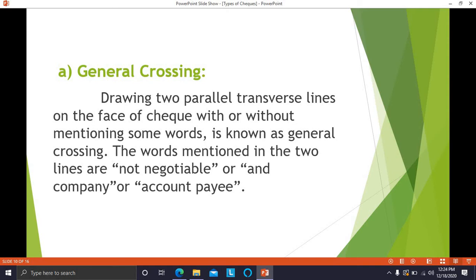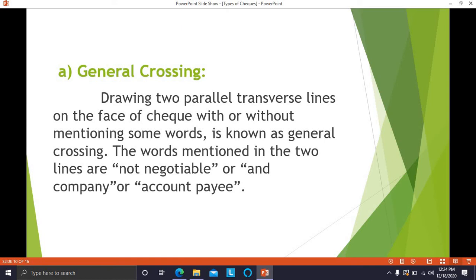Either you may write anything in between these two lines or you may not write. The words which are mentioned in between these two parallel lines are like: not negotiable, and company, account payee. Such words can be mentioned in between these two lines.